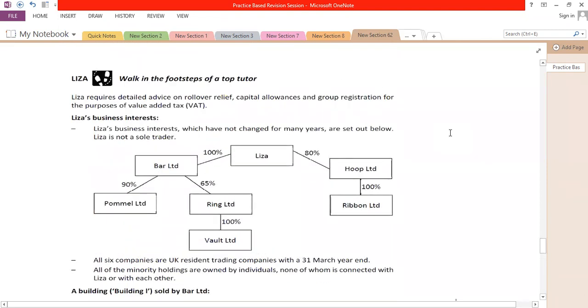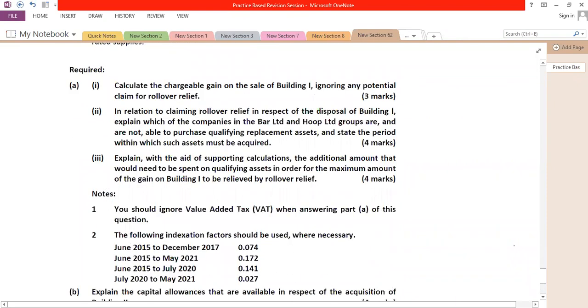Again, we have a group structure, but before moving on to the question, let's see the requirement first. Part A1 says calculate the chargeable gain on the sale of building 1, ignoring any potential claim for rollover relief.